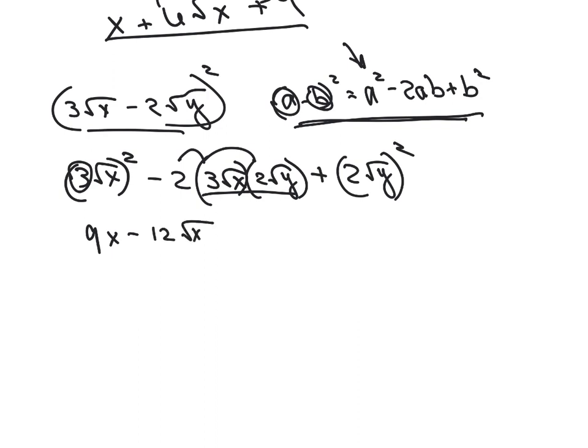Square root of xy. We can put those under the same symbol there. Let's see, and then we've got, again, this one. This is going to square the 2 and give me 4. And the square root of y squared is going to get rid of everything but the y. And that's what I end up with, and that's the answer in the book. Thank goodness.